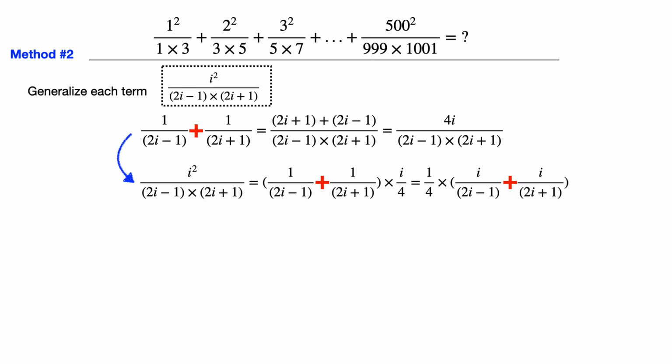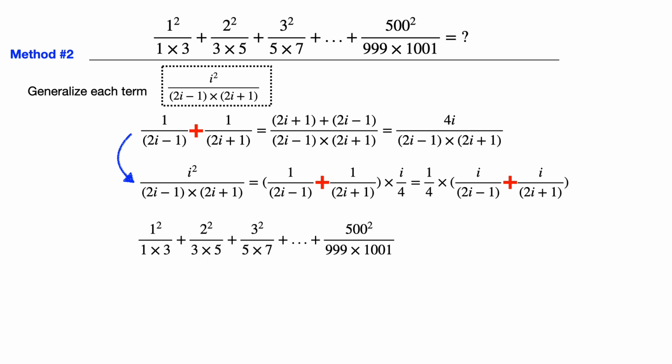Therefore, this generalized term will equal 1 over 4 times I over 2I minus 1 plus I over 2I plus 1. So this is a plus instead of a minus from method number 1 explained before.